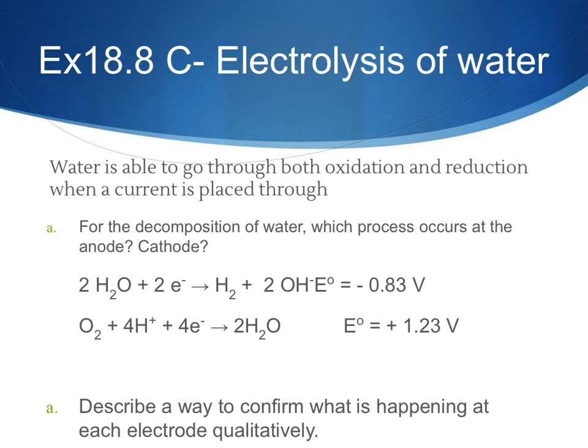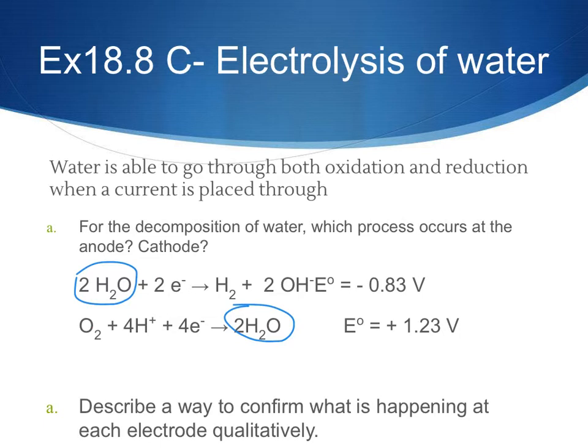For example, if we're putting a current through water, water better be our reactant. So we look for our balanced equation and we can see that water is here and here. I don't have oxygen or hydrogen available. I have water. We're putting a current through water.